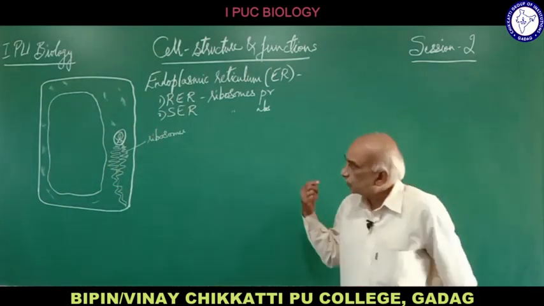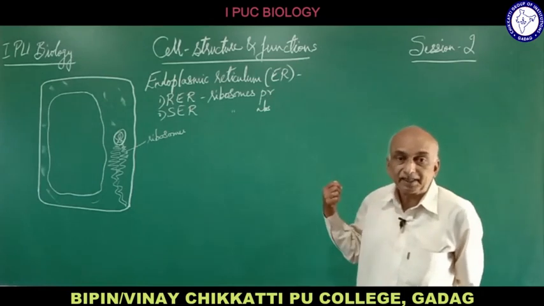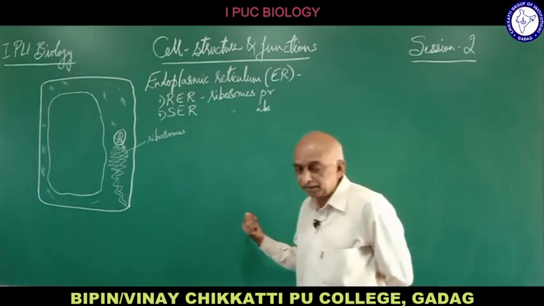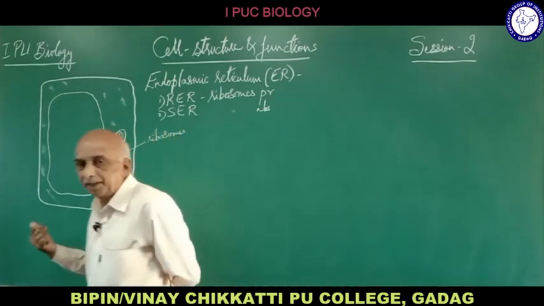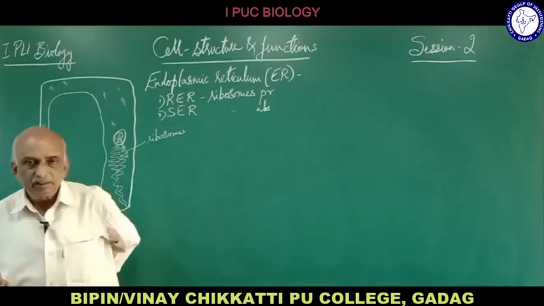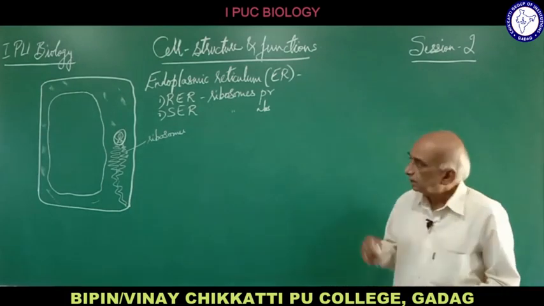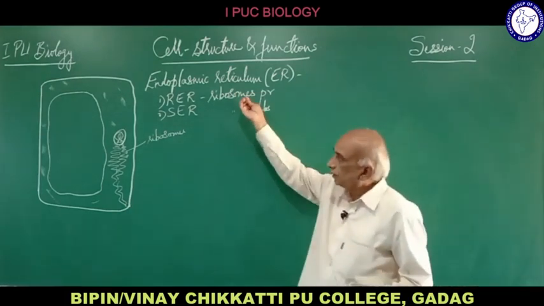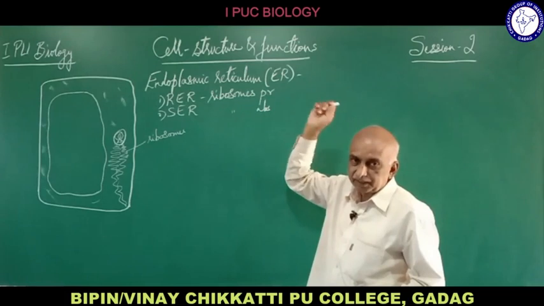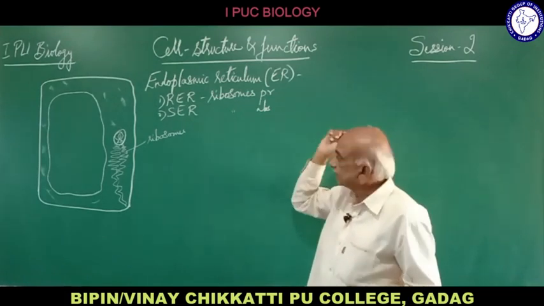It also helps in the secretion of certain substances, which may be hormones or any other substances needed in the cell. That means it helps in protein synthesis and secretion.